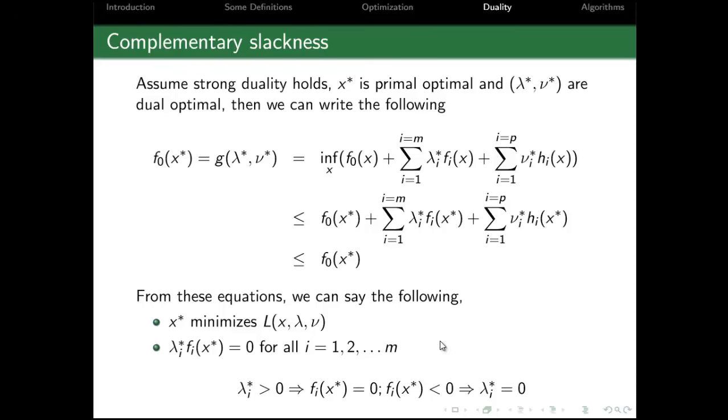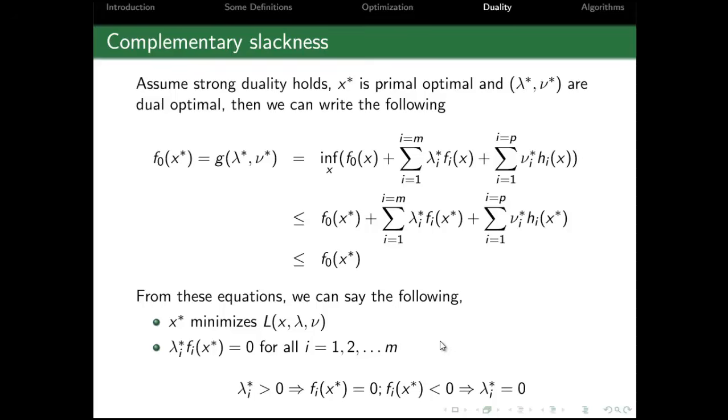Now we look at complementary slackness. Assume strong duality holds, and x star is the primal variable and lambda star, nu star are the dual variables. When strong duality holds, we know that f naught at x star is equal to g at lambda star, nu star. By expanding g by its definition and looking at some simple inequalities, we reach the conclusion that for all i, lambda i star f i x star should be 0.